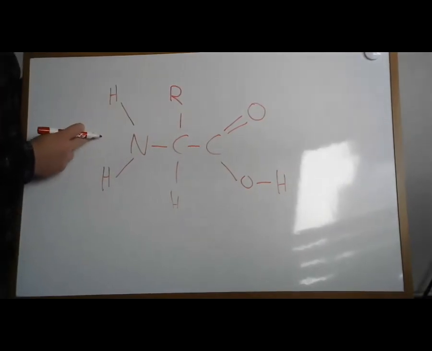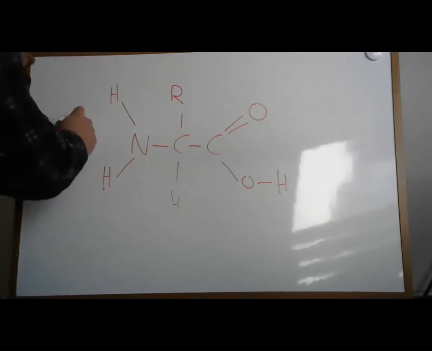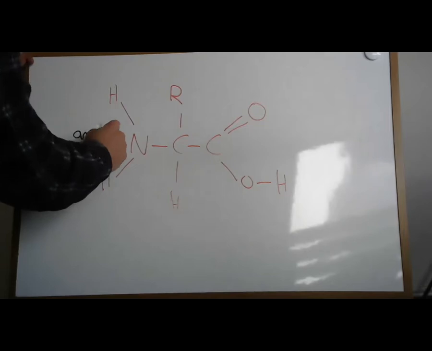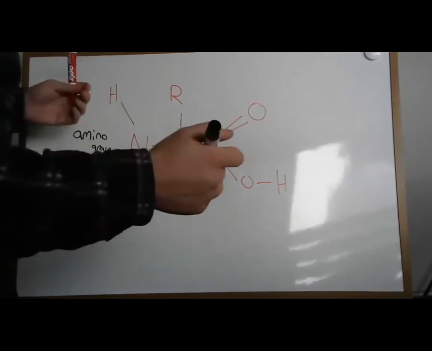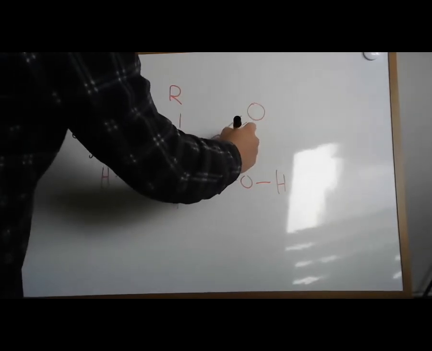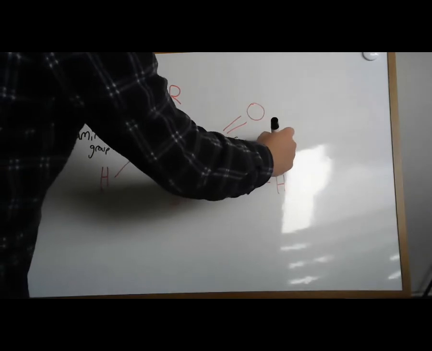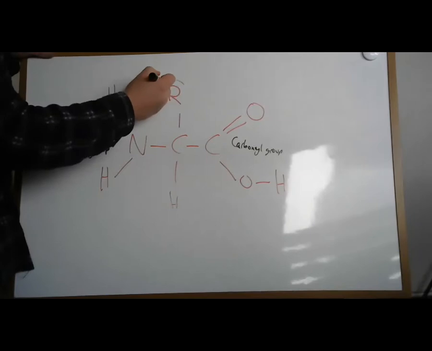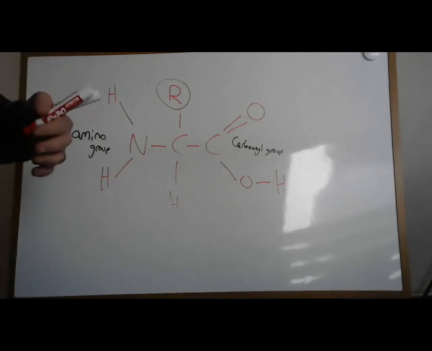So on this side, we have the amino group, or the amino end, I guess, would be a better term. This, we have the carboxyl. And these are the same on all the amino acids, but it's this that differs. It is the functional group.